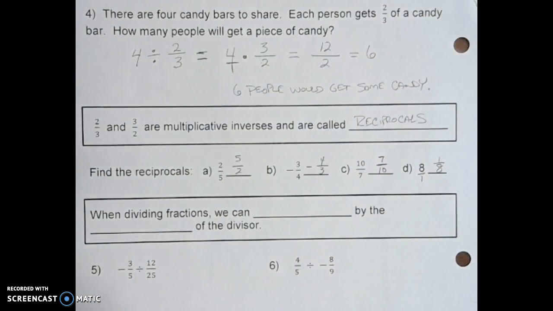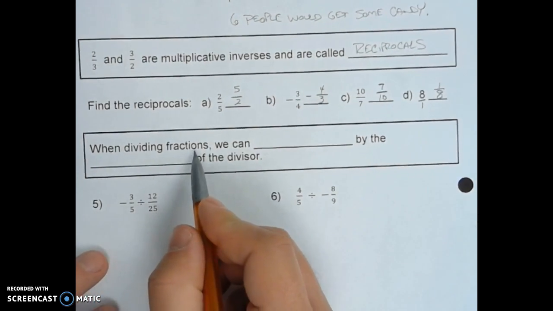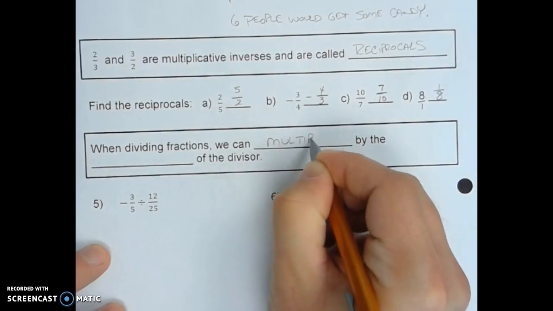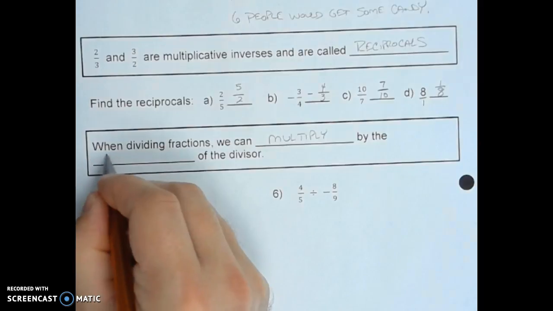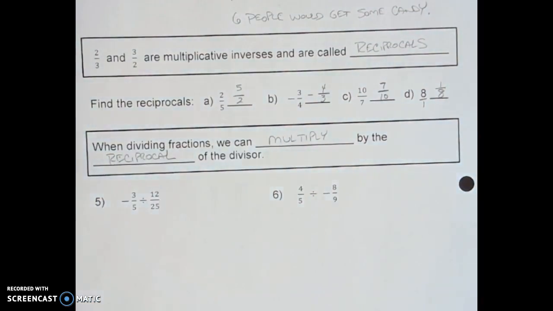And so when we come to a problem where we're dividing fractions, instead of doing the division problem, all we really need to do is multiply by the reciprocal of the divisor. Okay, and that's going to make this an easier problem to do.